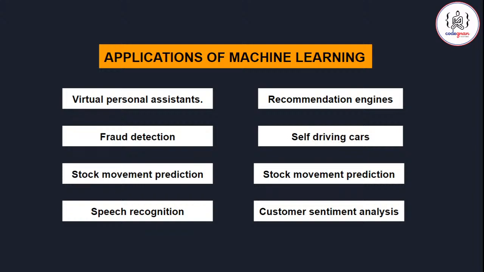You have virtual personal assistants, fraud detection systems, stock movement prediction, and speech recognition. We also have recommendation engines that we have talked about already, like Flipkart and Amazon. These all use recommendation engines to suggest movies or products. Then there are self-driving cars, and you can also do customer sentiment analysis here.